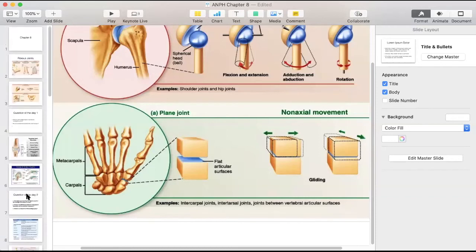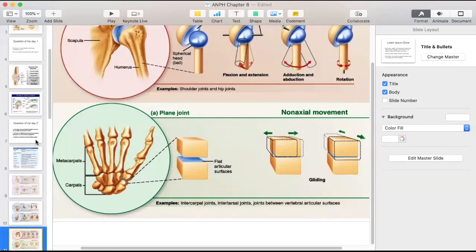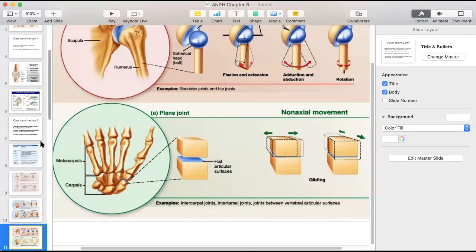Okay, and I kind of skipped this, but the factors that affect joint stability. And the first one is going to be fit. The better that two bones fit in the joint structure, then the more stable it is.